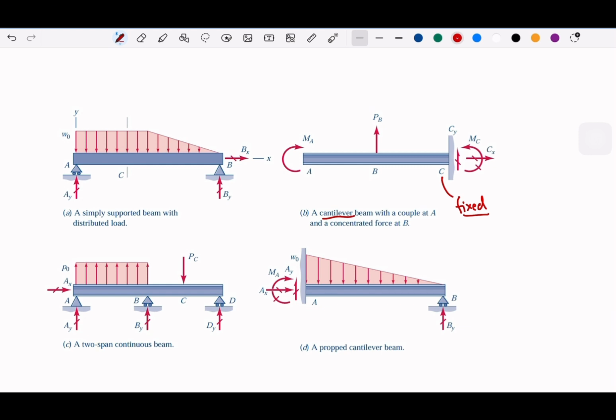Or we have the supported beam, where we have a pin support. This is a pin support here. And of course, we have learned how to apply our statics and mechanics, especially when we analyze the equilibrium. We also have the roller. For example, here's the roller support.